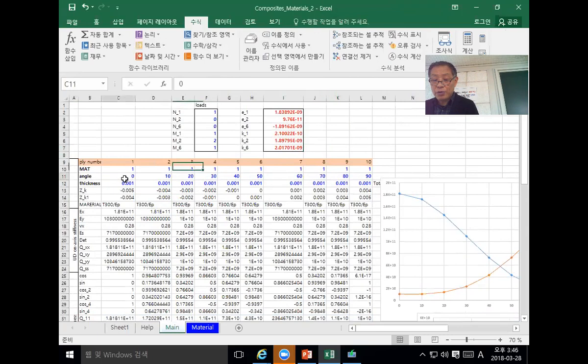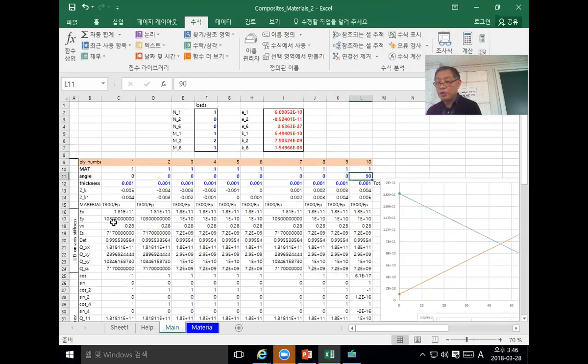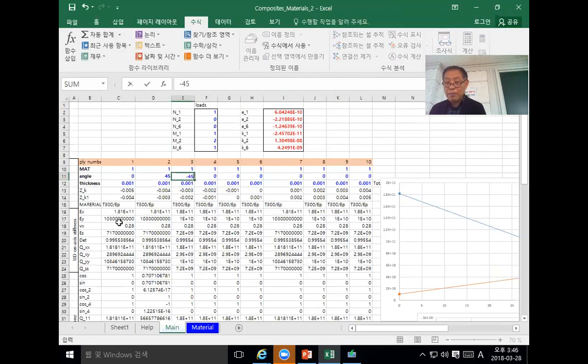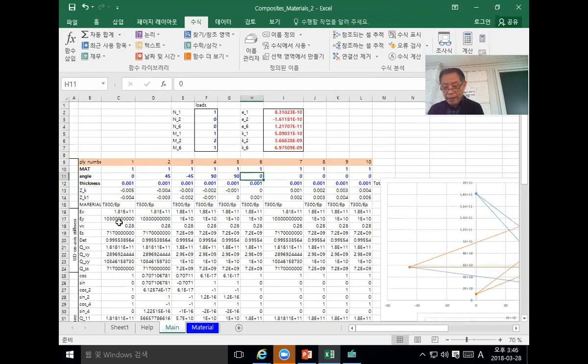Say I like to have all UD. All you need to do is just enter all 0. Then this is just a UD laminate. Or I like to have a quasi-isotropic laminate as 0, plus 45, minus 45, 90, 90, minus 45 and plus 45.